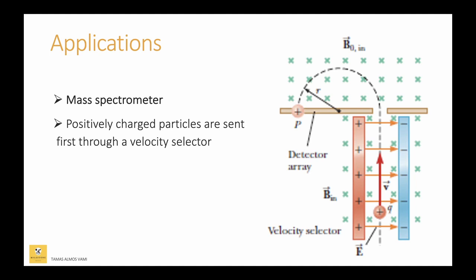They break the material down into ions. So that's the particle here, and they push it through this electric field, and then push it through the magnetic field, and measure the radius, and figure out that this ion had the atomic mass of sodium. So that ion was a sodium ion.